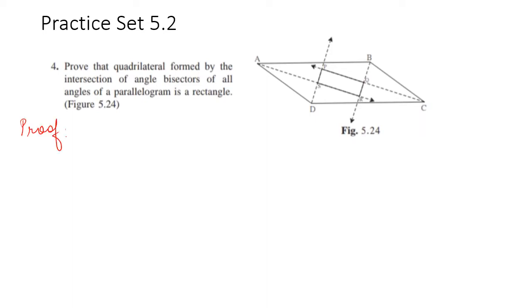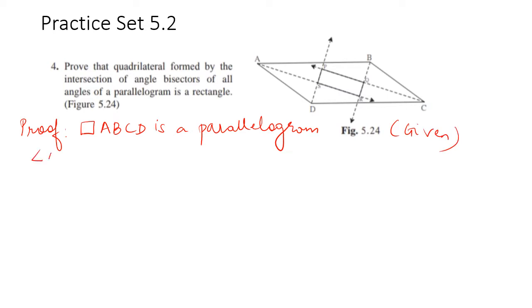Proof: quadrilateral ABCD is a parallelogram, which is given. Then angle ADC plus angle BCD is equal to 180 degrees.